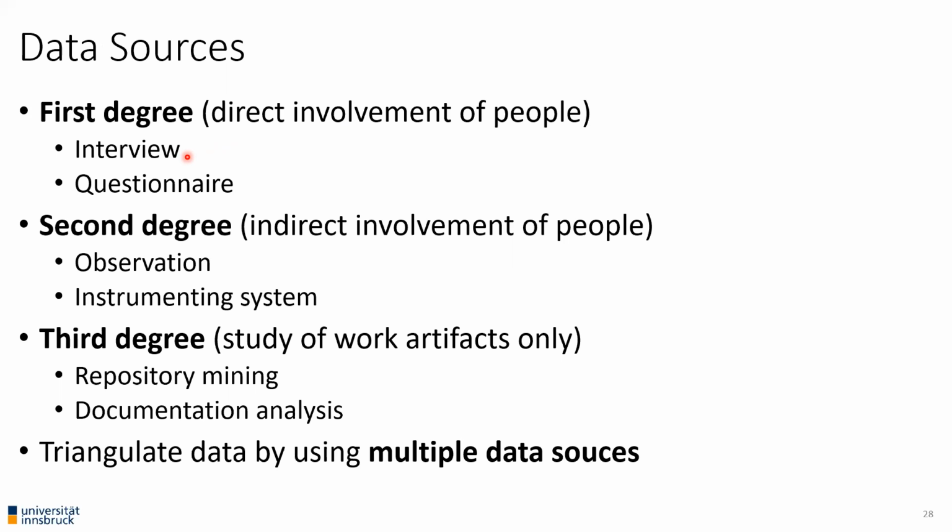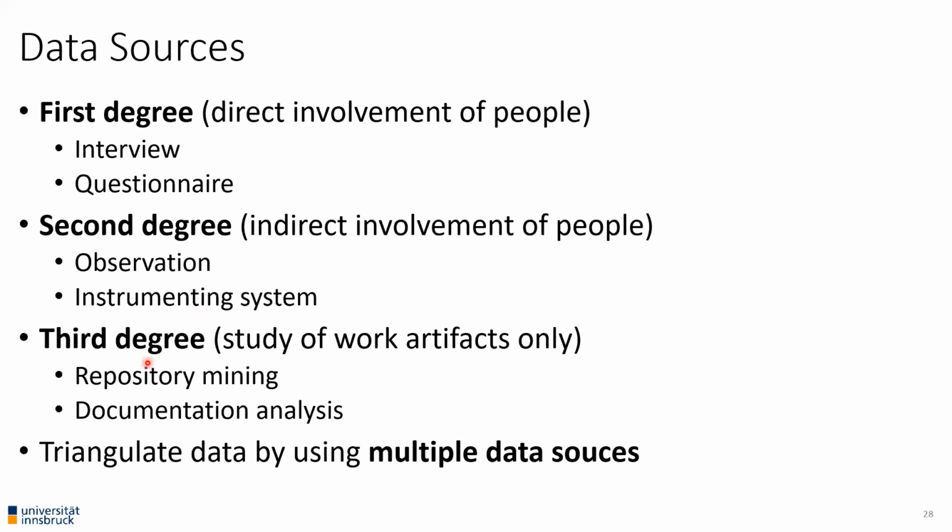The second degree data sources are where you indirectly involve people. That could be that you observe people, so you watch them doing their meetings, or you could also instrument systems. This is, for instance, when you have continuous integration, then you can log systems easily, and you can see whether static analysis has an effect or something like that.